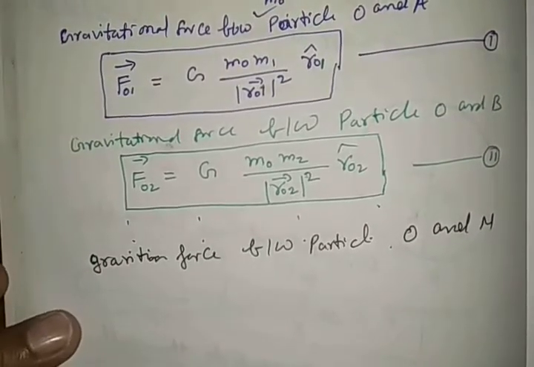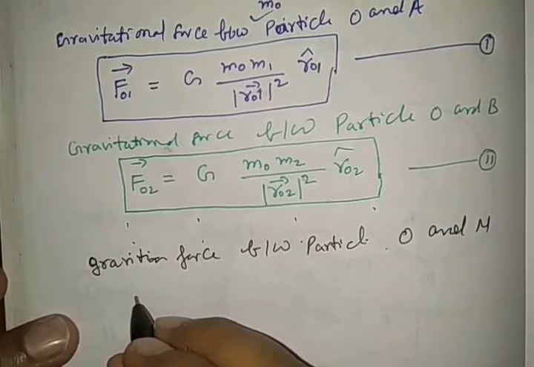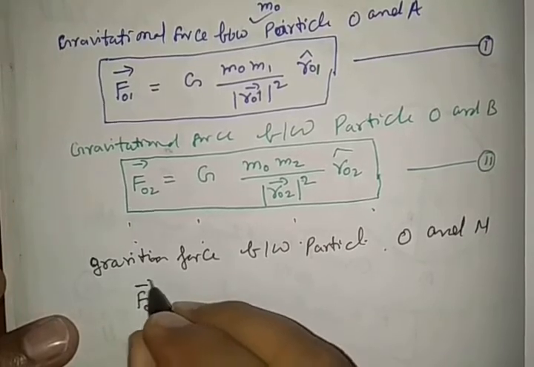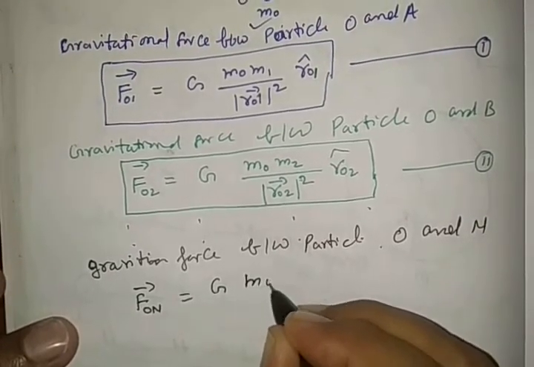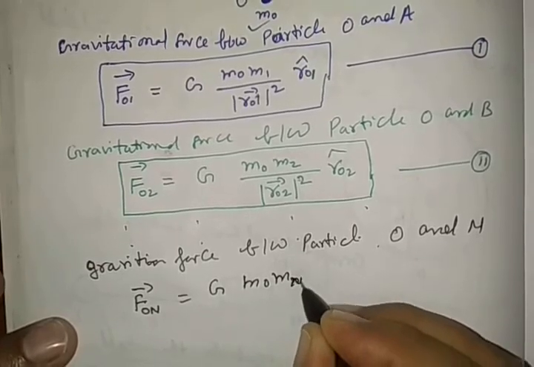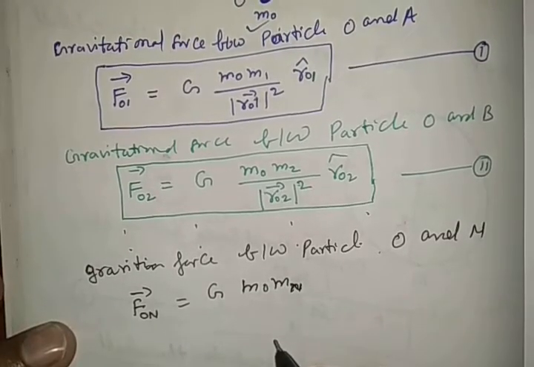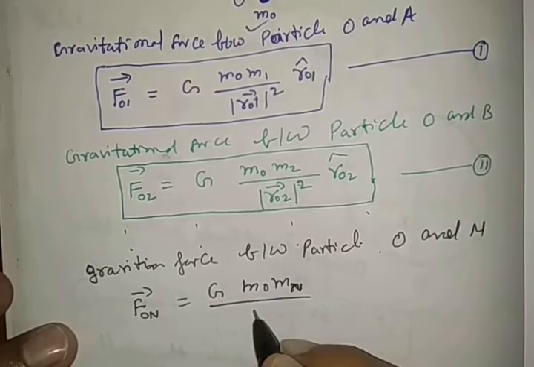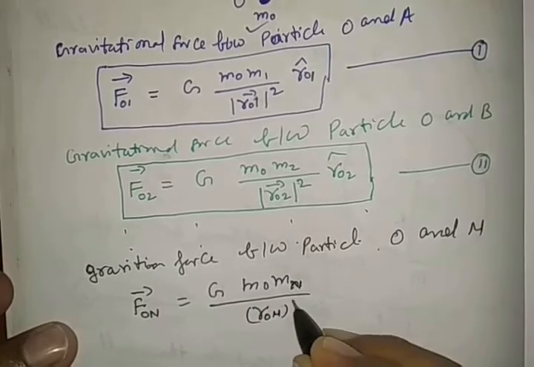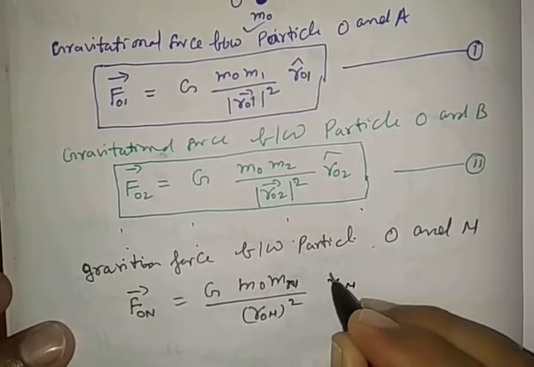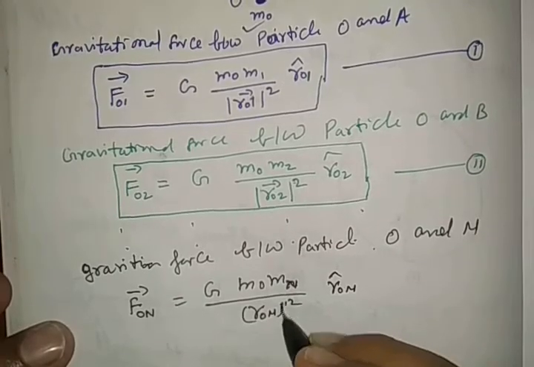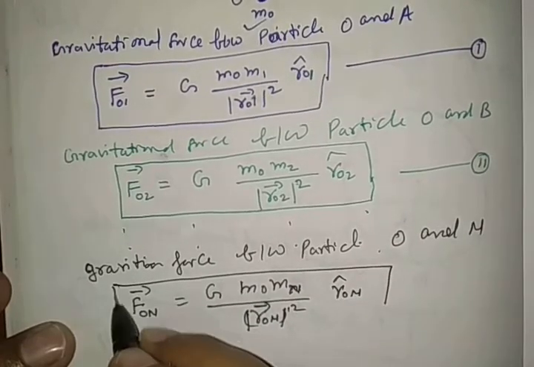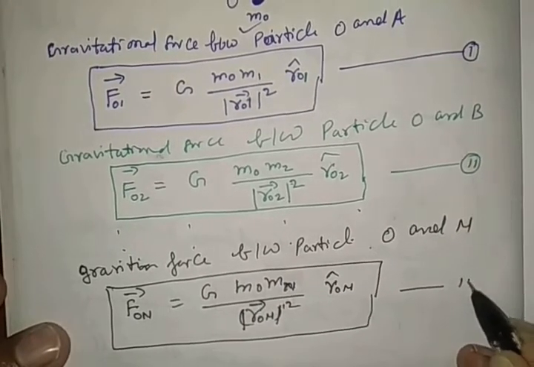By the formula, force F0n, vector quantity, is capital G m0 mn, mass of the nth particle, by r0n whole square, r0n unit vector. This is in vector notation. See very carefully, it is represented by equation number 3.